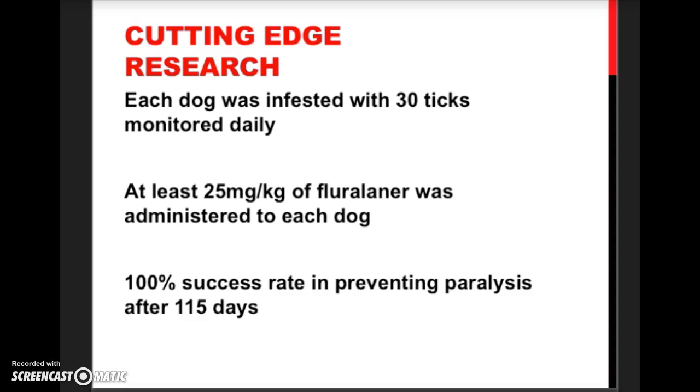Daily the ticks were monitored, and after 115 days, there was a 100% success rate of preventing paralysis and tick infestation within the dogs, rendering the administered drug very effective in preventing tick infestation. This is relatively new research, so I'm sure the clinical stages and all that are going through that process right now to get the drug on the market to prevent these tick infestations.